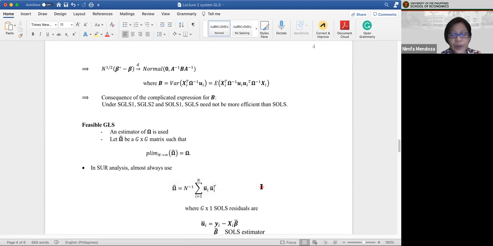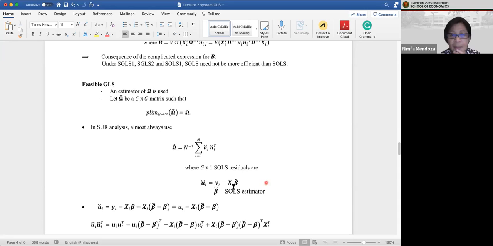We cannot do GLS because we do not know omega. So we usually start with system OLS, let beta check be the system OLS estimator, and get the system OLS residuals, U sub I check.